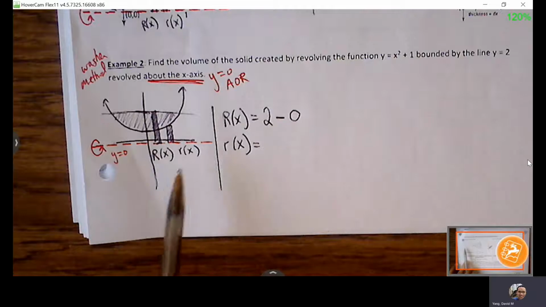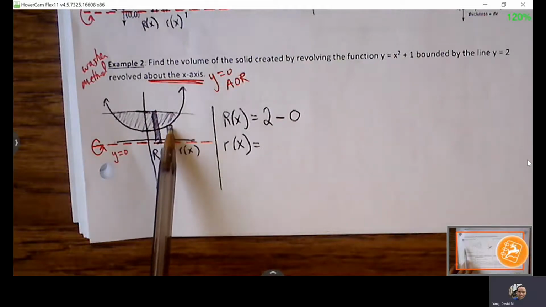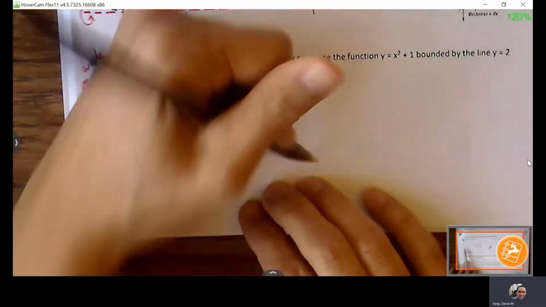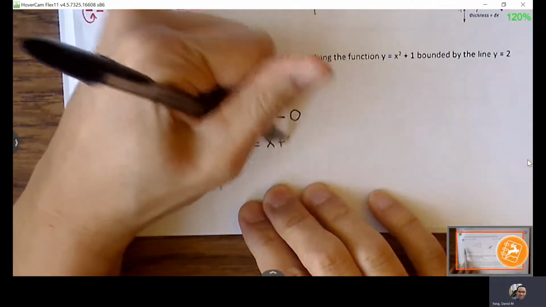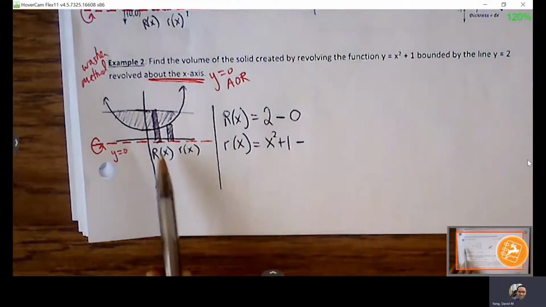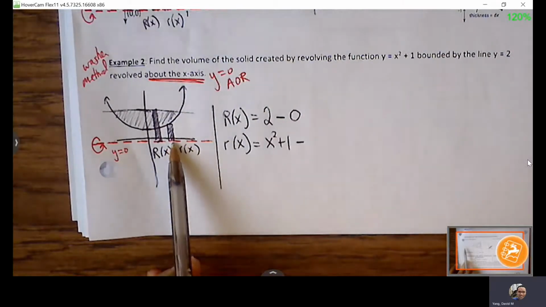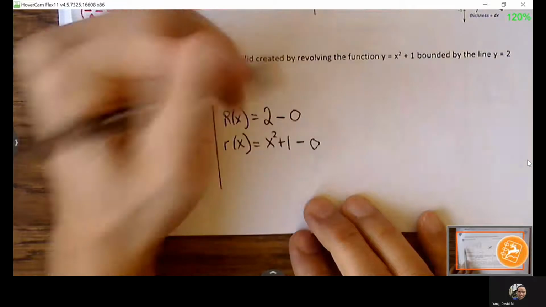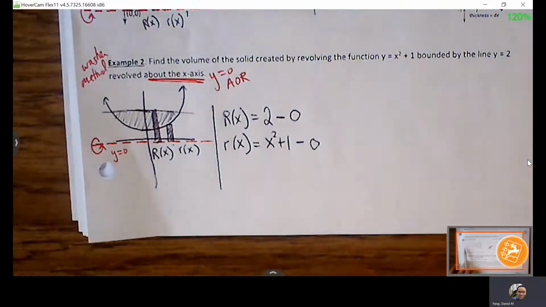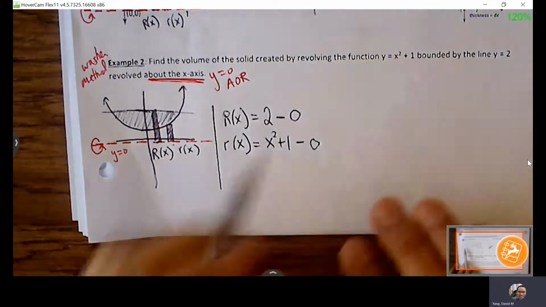Okay, little radius. Top of little radius is on which graph? Yep, the x squared plus 1. Top minus bottom. Bottom of little radius is 0. Okay, cleans up, right? Just becomes 2 and x squared plus 1. We can drop the zeros.